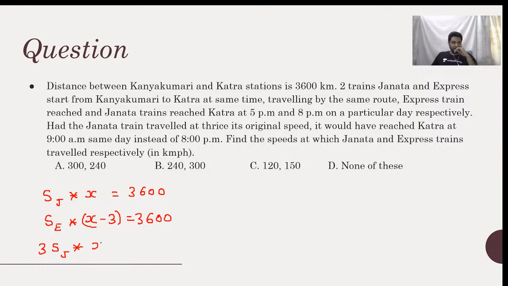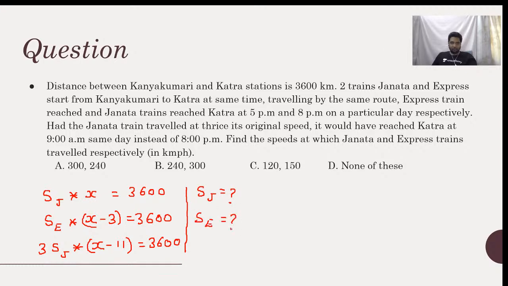So x minus 11 hours is also equal to the same thing, 3,600. From this, we have to find out what is Sj and what is Se. This is what we are supposed to find out.